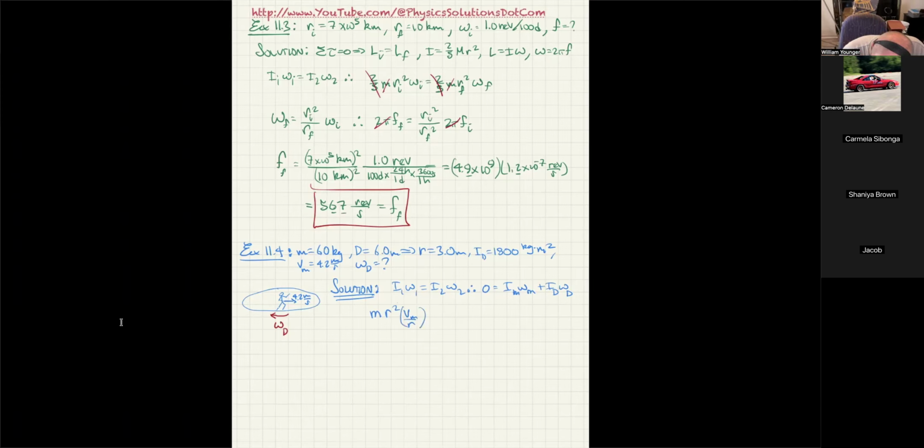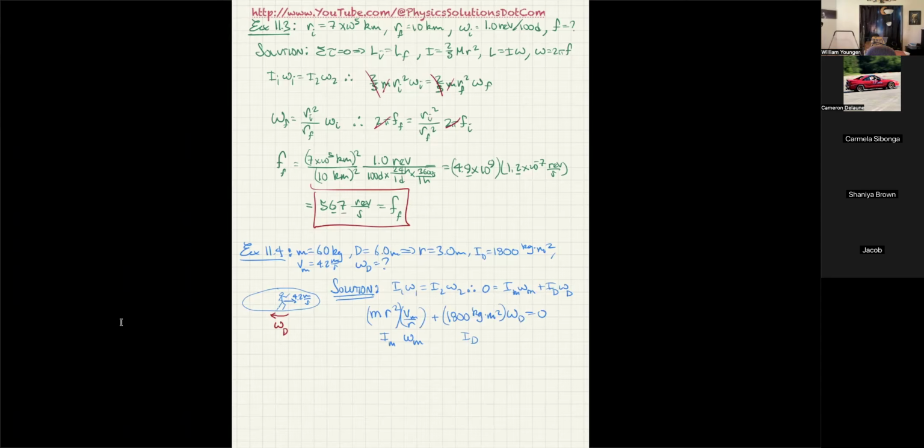That's our omega and that's our I. So that's I person and omega for the person, plus now we have the 1800 kilograms meter squared for I disk, and we have omega disk, and all of that is equal to 0.